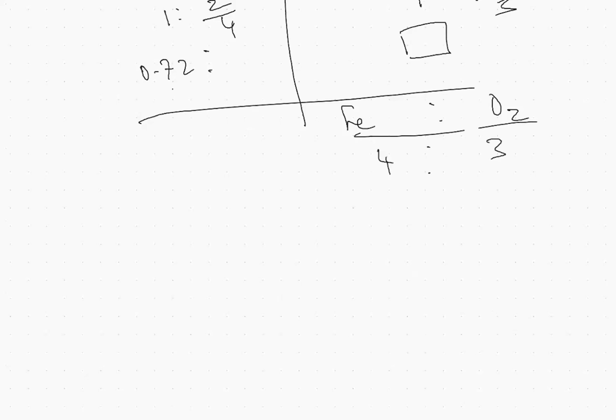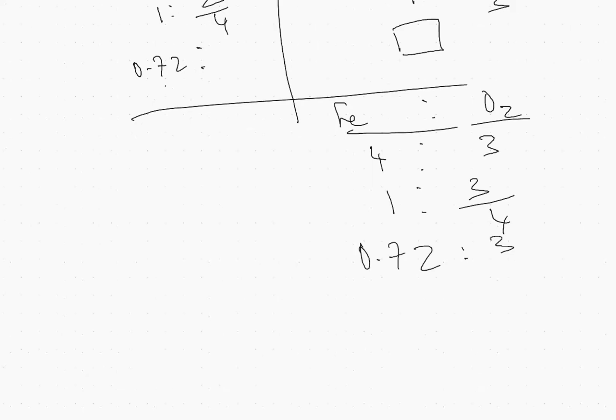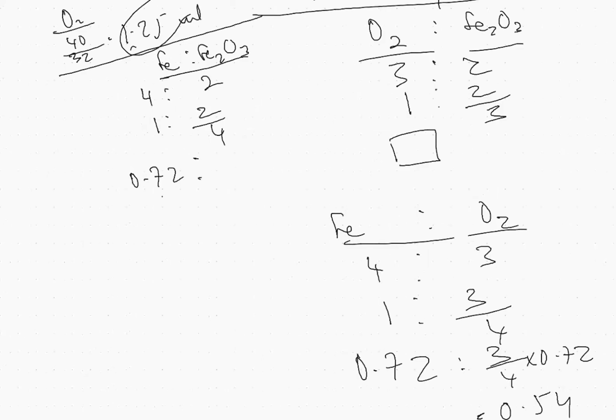So if I have 0.72, I need 3/4 of that. We are just following the same pattern to see which one is limiting the whole reaction. So 3 divided by 4 times 0.72, I need only 0.54. What it means is if I use all the moles of iron, which is 0.72, I need only 0.54 oxygen.